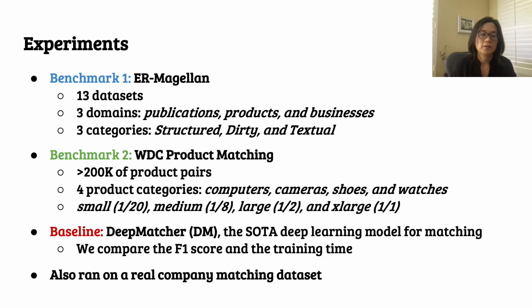The WDC dataset is a much larger dataset with more than 200,000 product pairs in 4 categories: computers, cameras, shoes, and watches, and in 4 sizes from small, medium, large to extra large. In the experiments, we compared Ditto with DeepMatcher on the F1 score and training time. We also ran Ditto on a real company matching dataset.